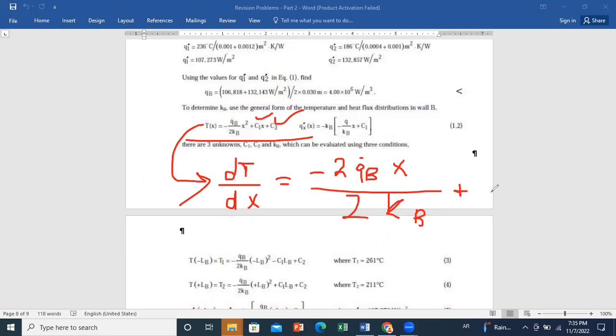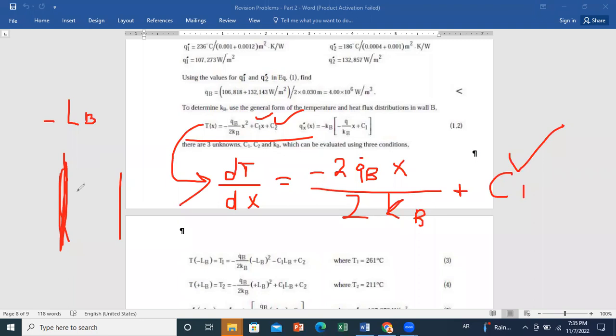And now this is the general equation. C1 is already calculated. I can compute dT by dx at any location. In particular, the location of interest for me is here, at x equal to minus LB.